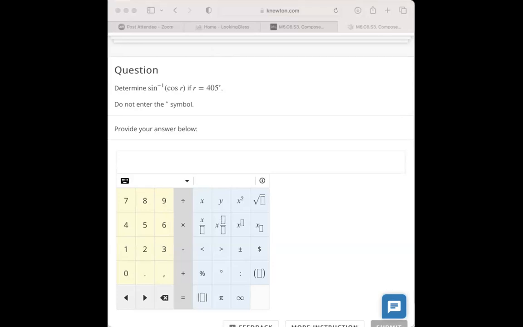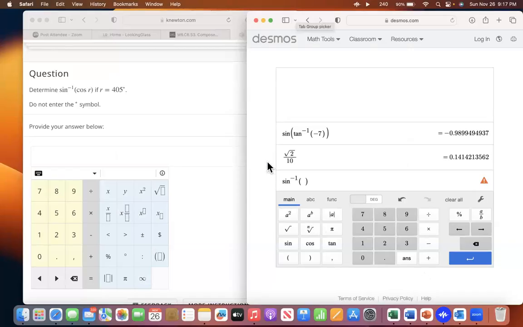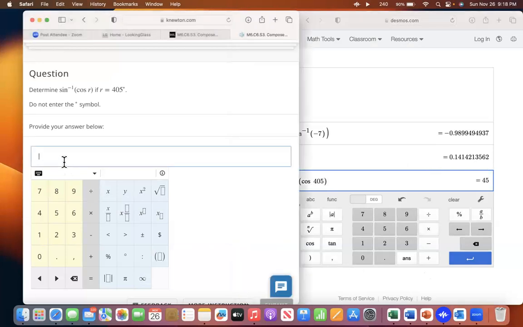Okay, can you see them now? Yeah, that's okay. Sine of -1, cosine, and this is where it's in parentheses, cosine of 405. Like that? Yep. Okay, 45. Does that seem right? 45?